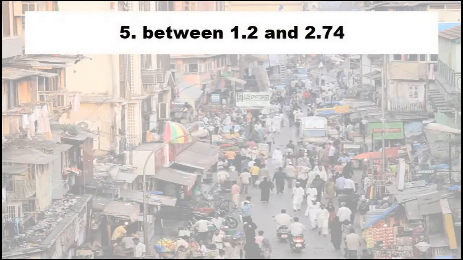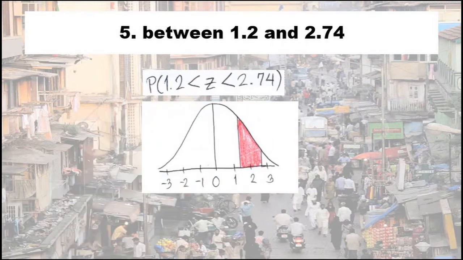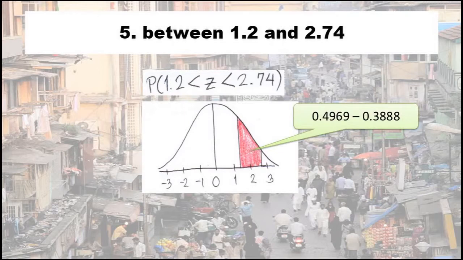Last is number 5, between 1.2 and 2.74. So that is the probability of 1.2 less than z less than 2.74. So we will now sketch the graph. So in this one, the area is 0.4969 minus 0.3888.